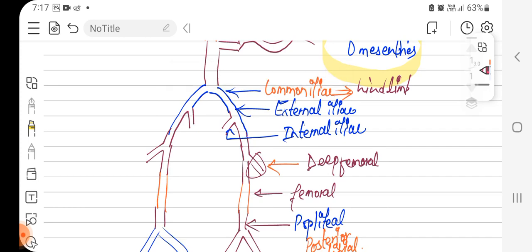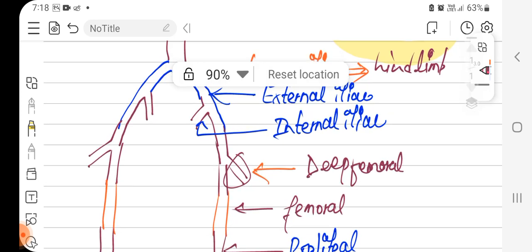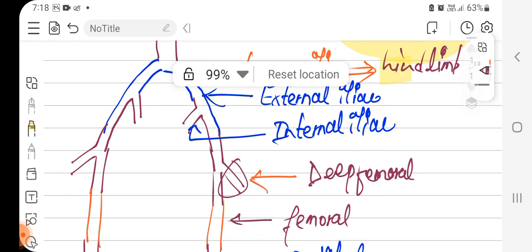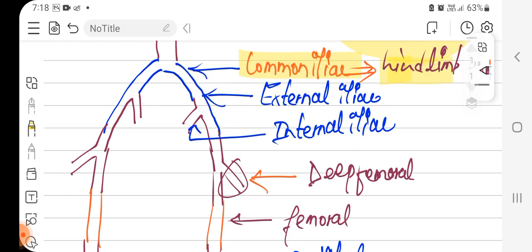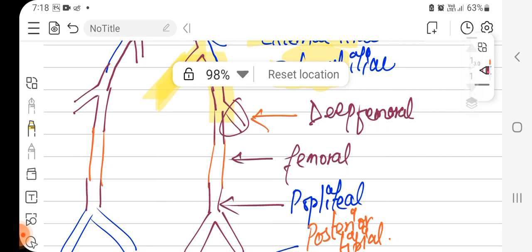Now this is the most important. Many students are confused on this part. What is this? First, the main branch we know is the common iliac. The common iliac is divided into two. The internal one has gone deep rooted, and the external has gone further downside.